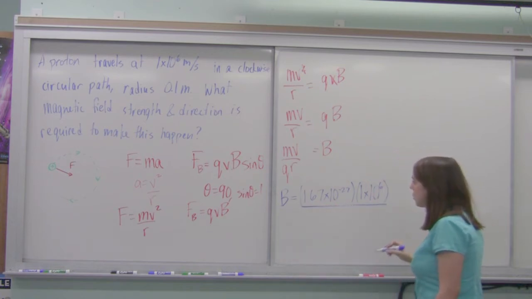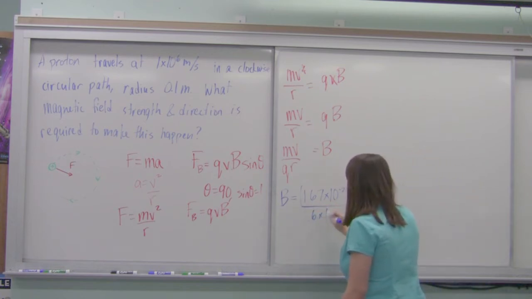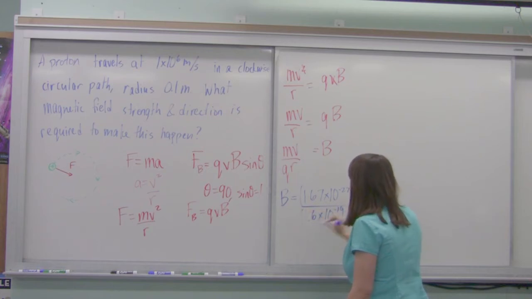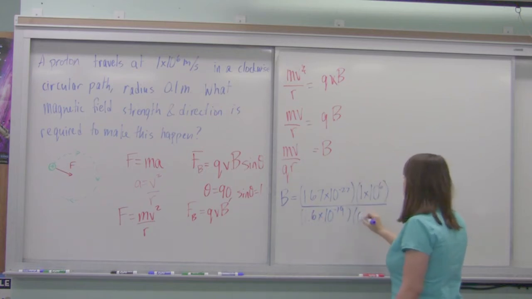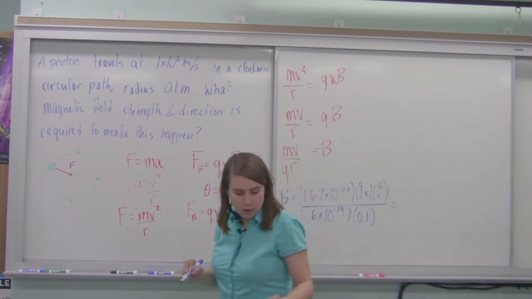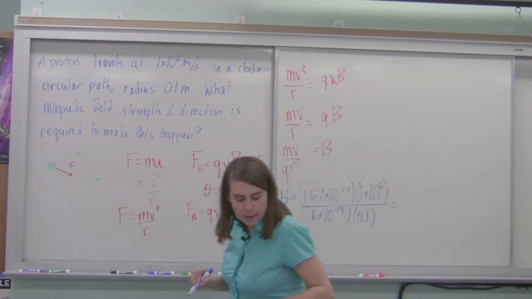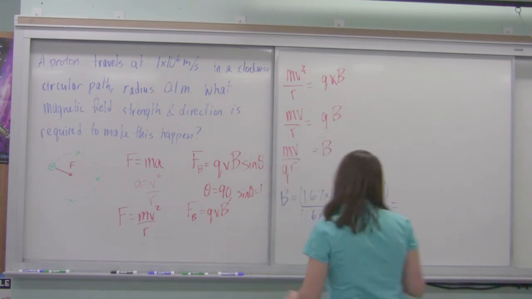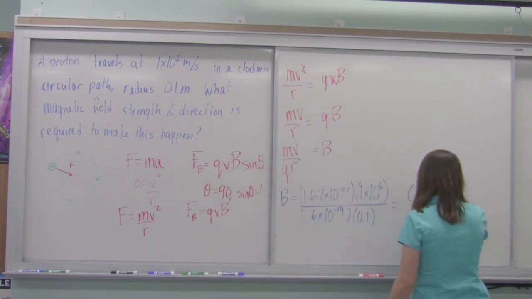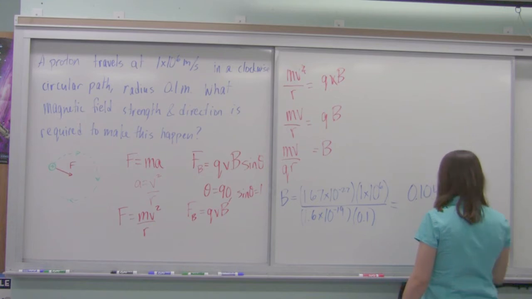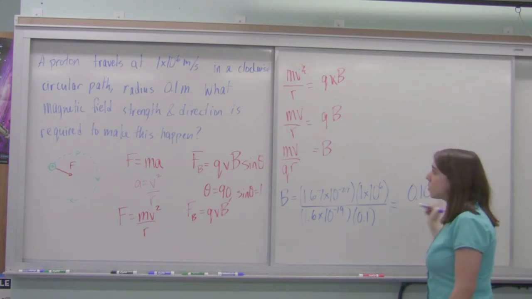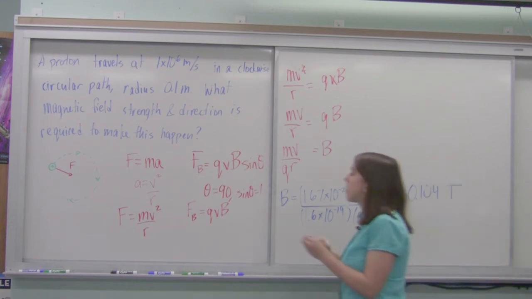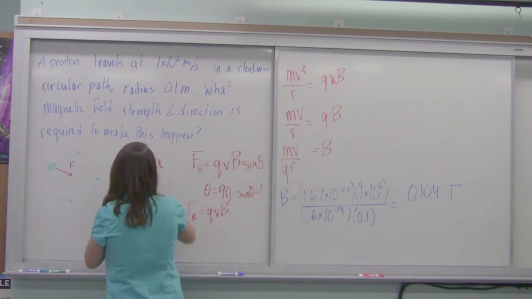The charge is going to be 1.6 × 10⁻¹⁹, and the radius is 0.1 meters. Solve all of that out, and you get that the magnetic field is 0.104 teslas. All right. So that is the strength of the magnetic field. So we have solved that much.